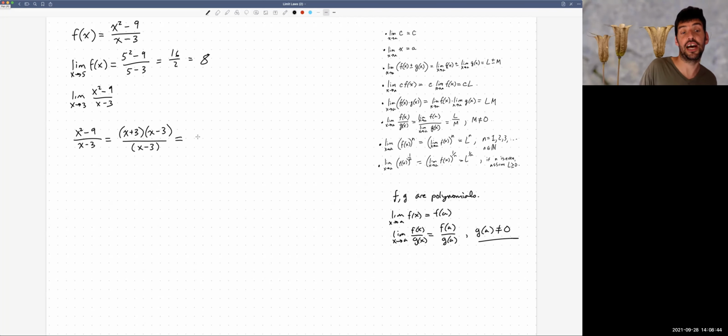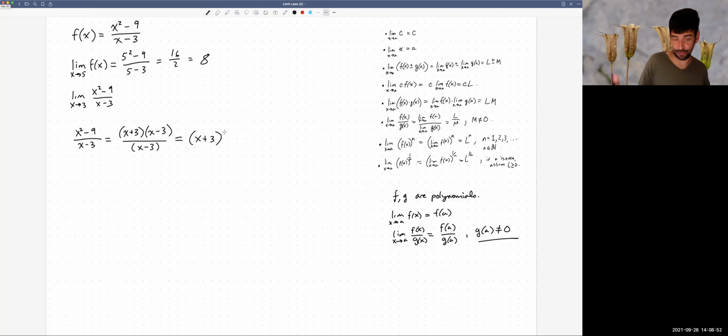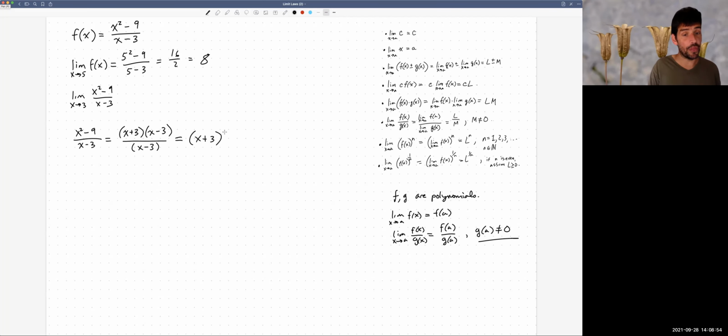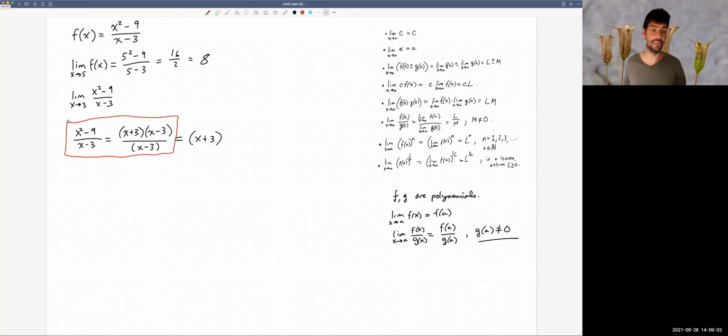And then I notice there's a common factor that I can cancel, right? But I can't quite cancel it. I did, it's disappeared, but I need to note these two things are exactly the same. If I put any number into either one of them, the same thing happens, right?